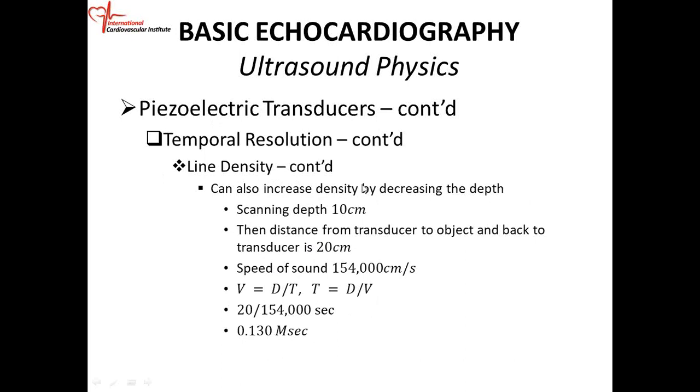So instead of scanning at a depth of 15 centimeters, if you scan at a depth of 10 centimeters, then the total distance traveled to and from the tissue is 20 centimeters. The speed of sound in soft tissue is still 154,000 centimeters per second. And if you rearrange your equation, the time it's going to take for each of the scan lines is 20 divided by that, which is 0.130 milliseconds.